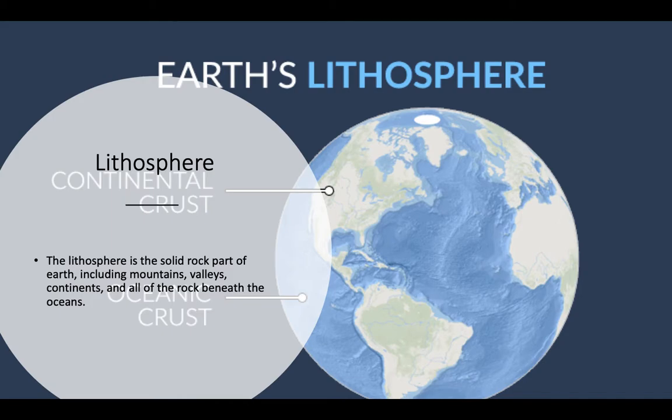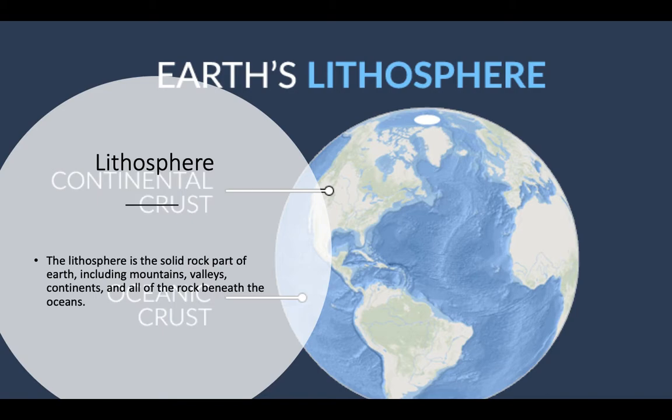Okay, the lithosphere is the solid rock part of the Earth, including mountains, valleys, continents, and all of the rock beneath the ocean. So, let's say you dive all the way down to the very bottom of the ocean, okay, that's a very long ways down. Eventually, you're going to hit the bottom of the ocean, which is made up of solid rock, okay?